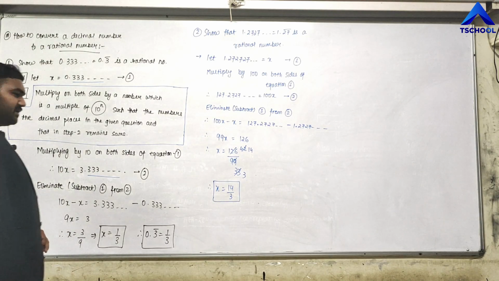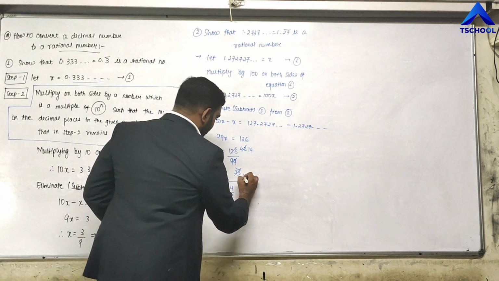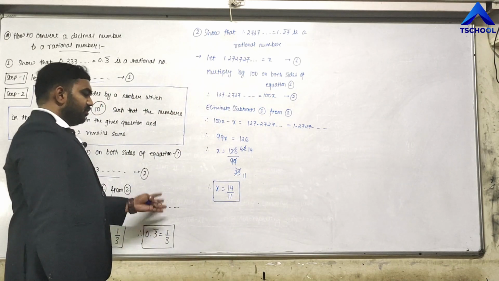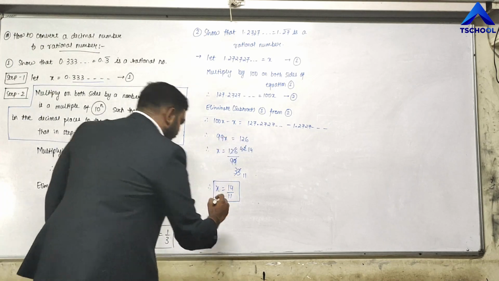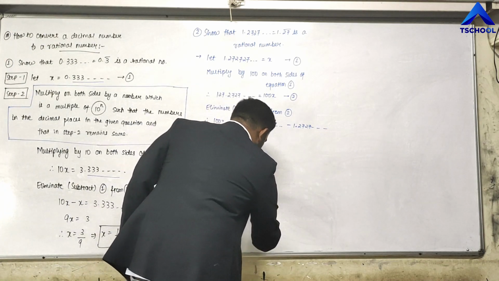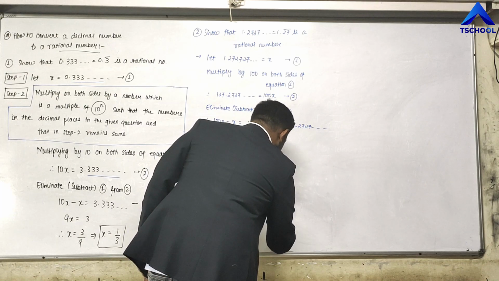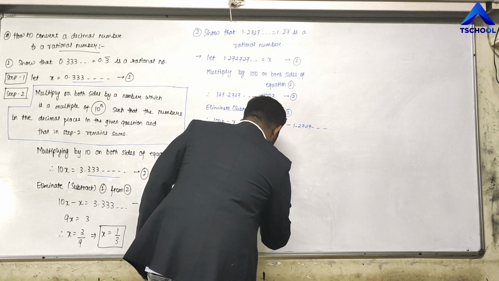Yes or no? So x will be, sorry, my mistake, 14 upon 11. So you can say that 1.27 bar is equal to 14 upon 11.